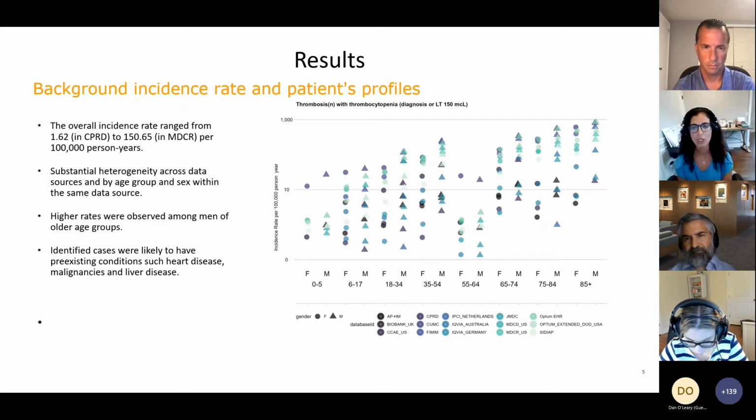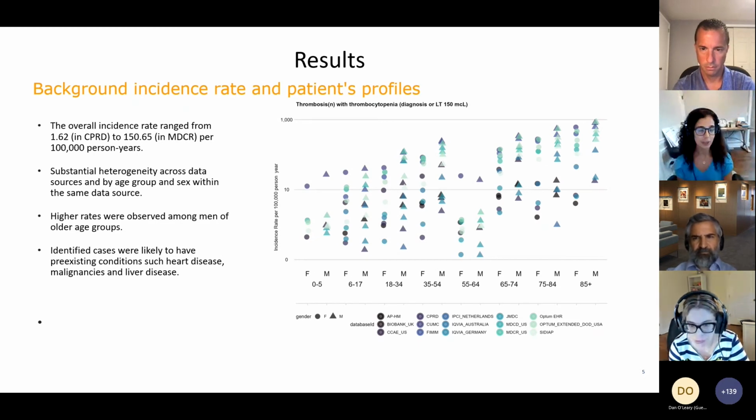It's like 0. So we established that the rate varies and it's not 0, and it could be fairly common depending on what population you're looking at. And then we saw substantial heterogeneity across data sources and by age and sex group within the same data source. And that's clear in the figure right there.